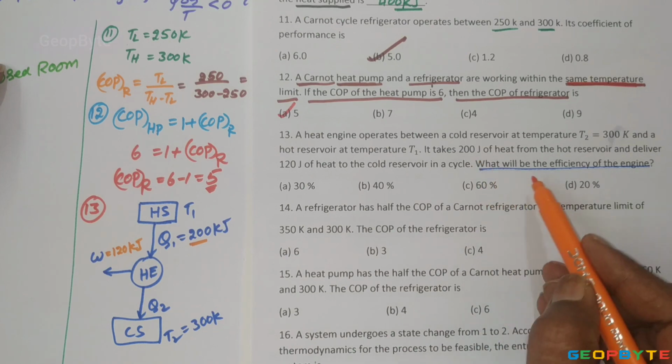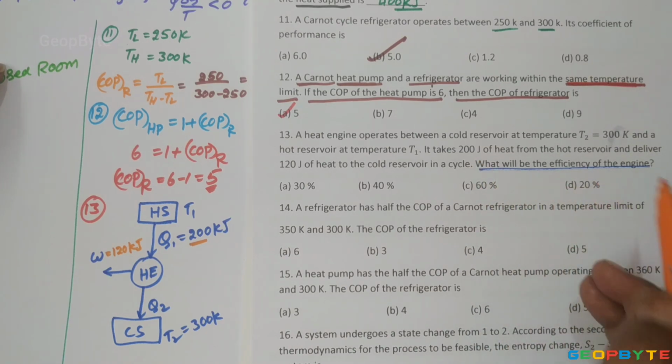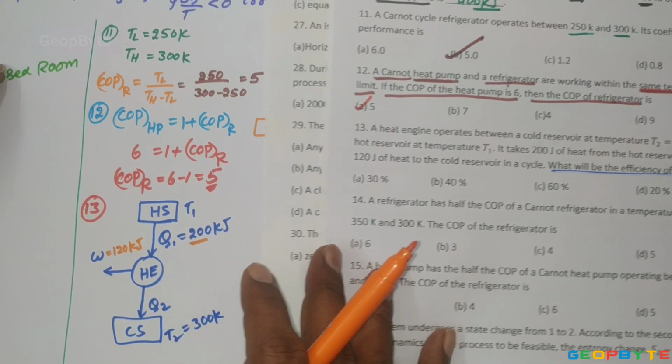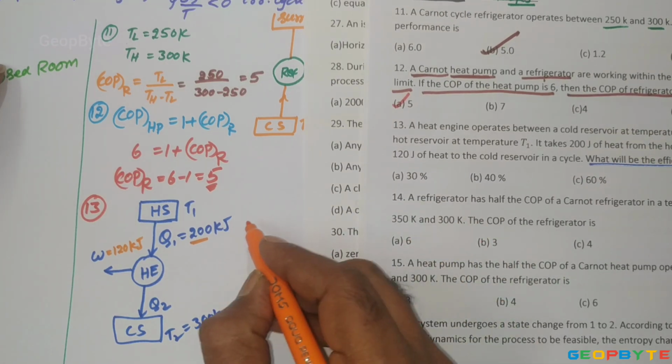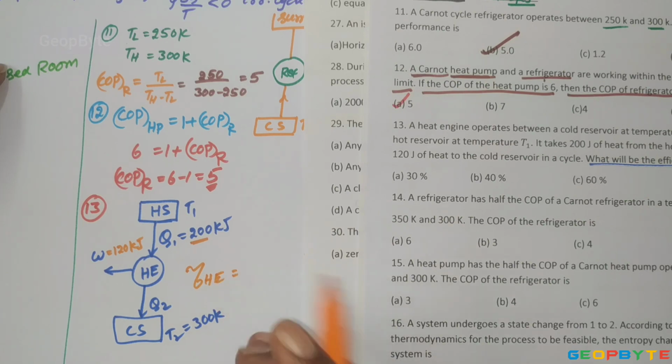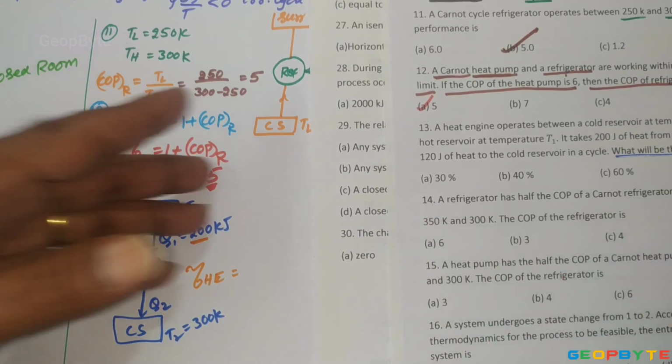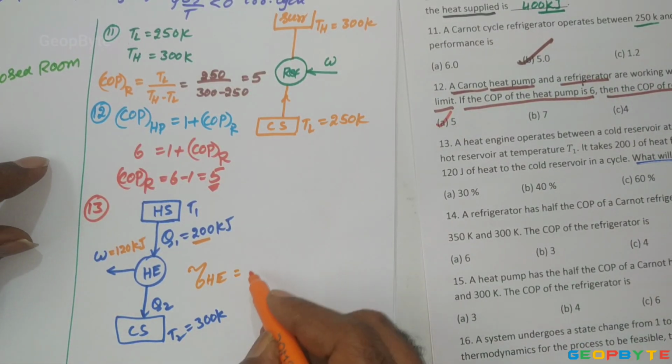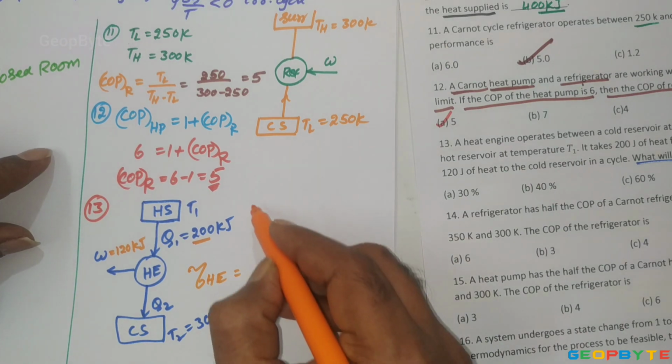Then what will be the efficiency of the heat engine? Efficiency of the heat engine equal to output by input. Output is work output.